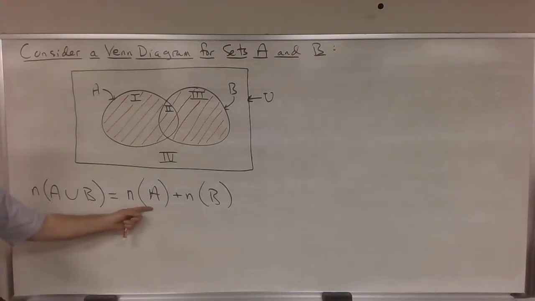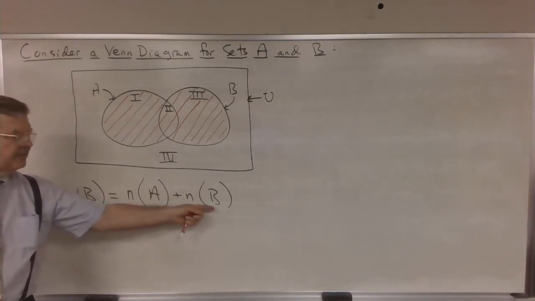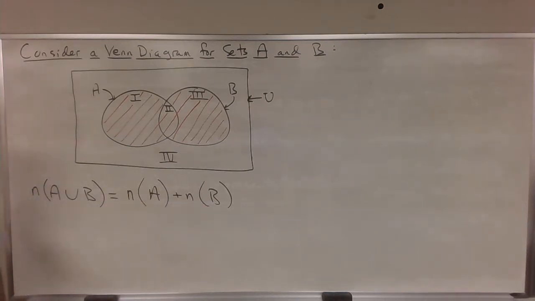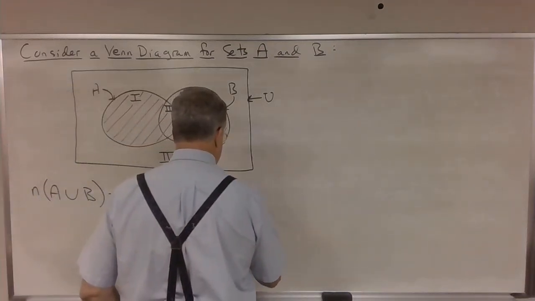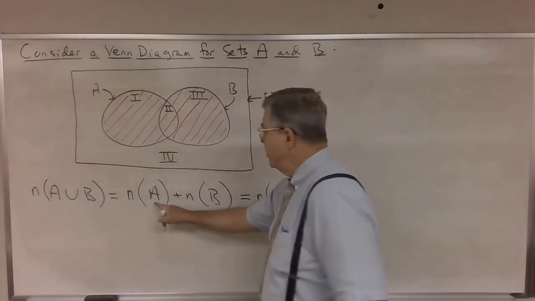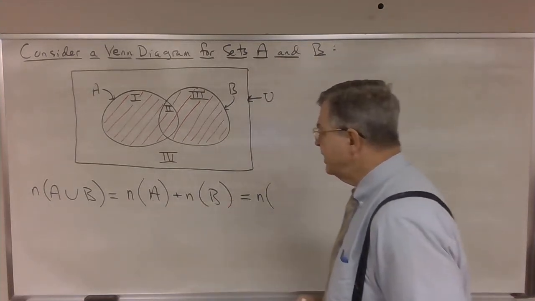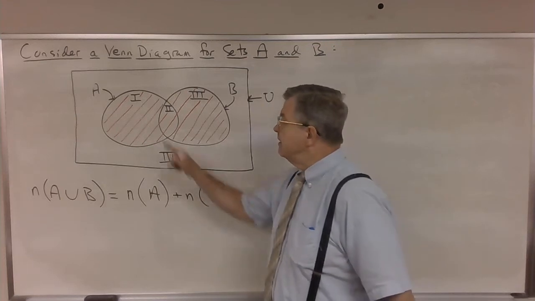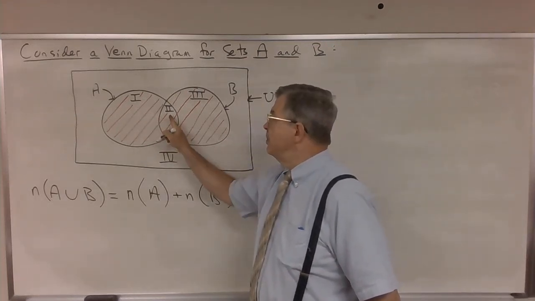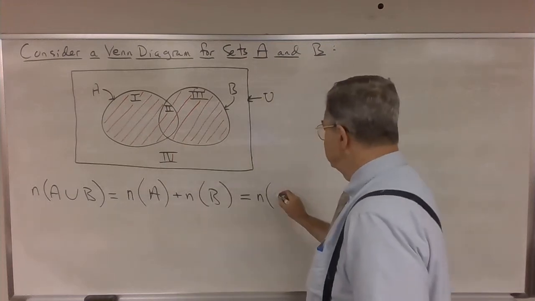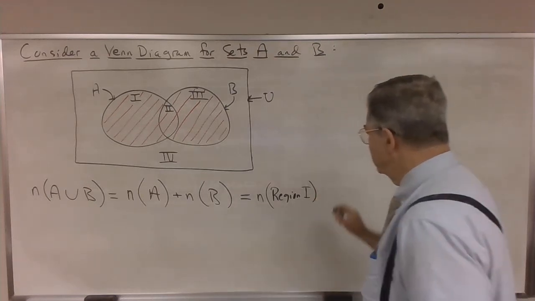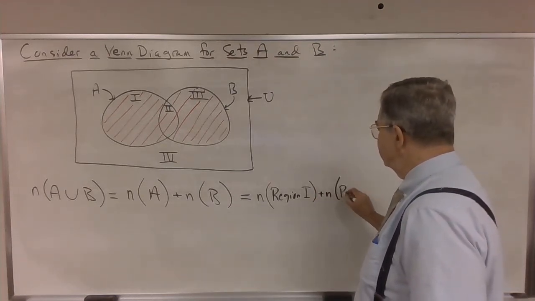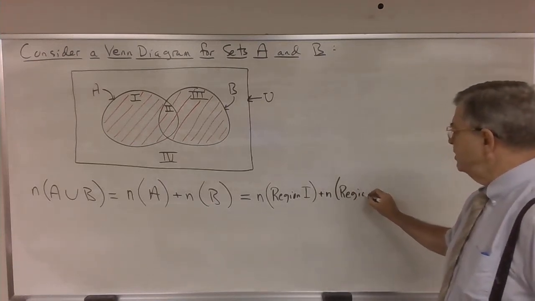So we want to add the number of elements in set A plus the number of elements in set B. And now let's see, what would that be if we did it according to regions? Regions 1 and 2 and 3. Well, set A contains region 1 and region 2. So the number of elements in region 1 plus the number of elements in region 2.